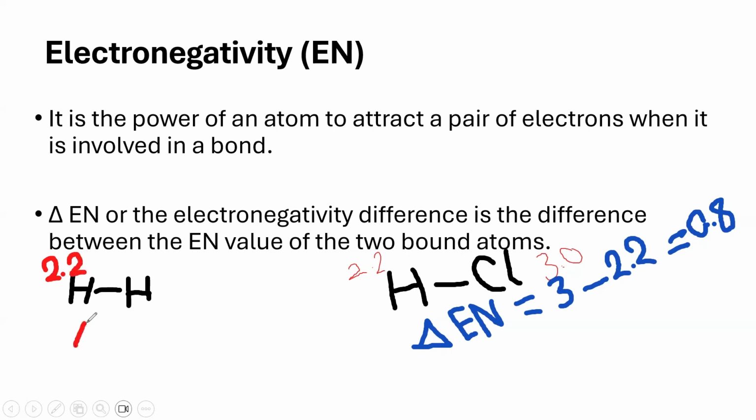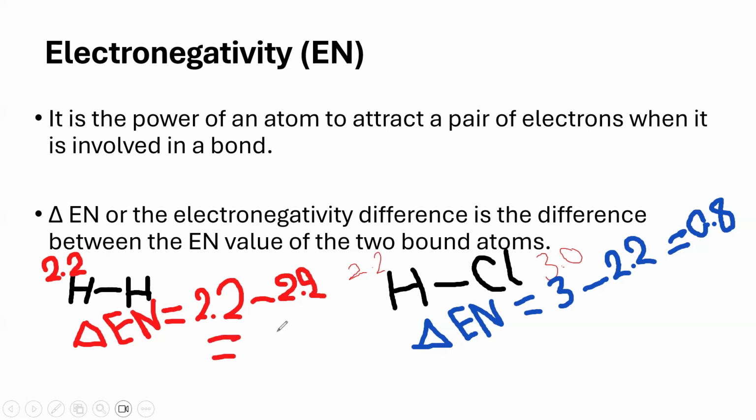So the electronegativity difference is 0. 2.2 minus 2.2 equals 0.